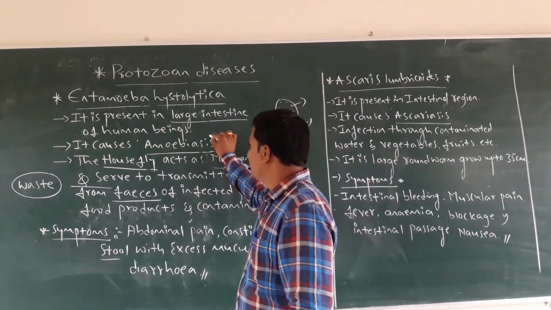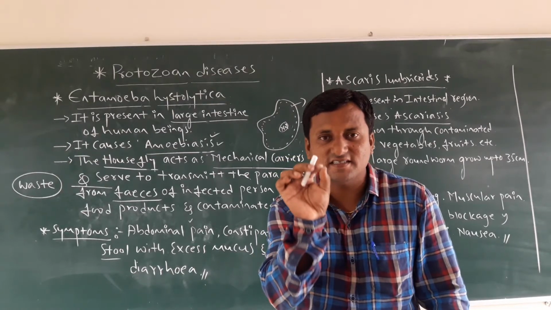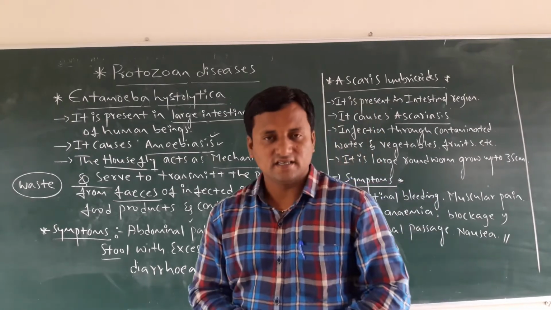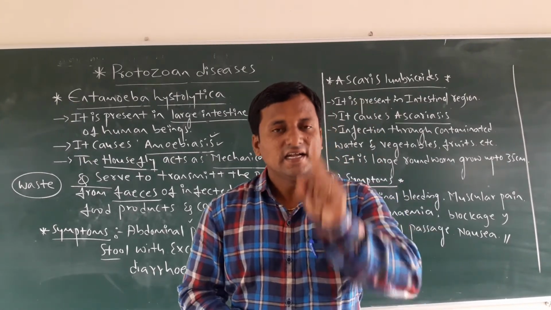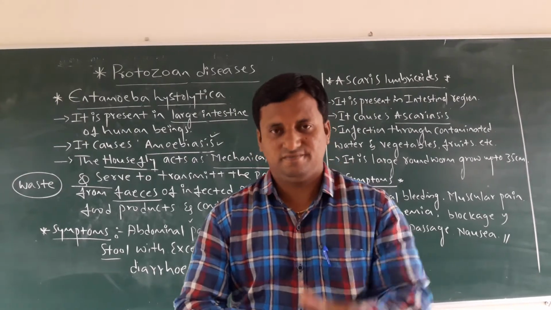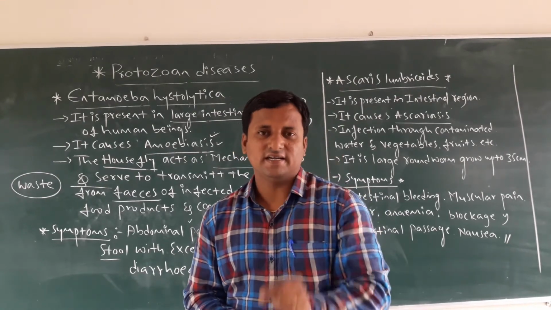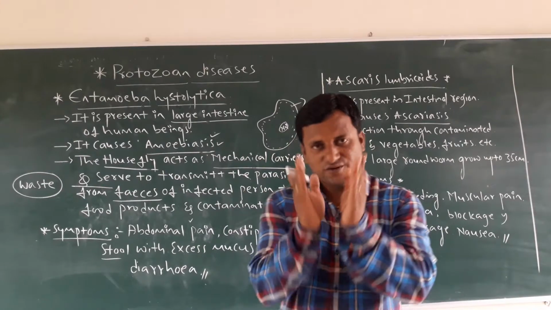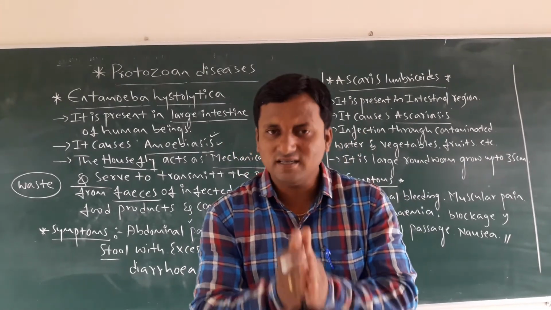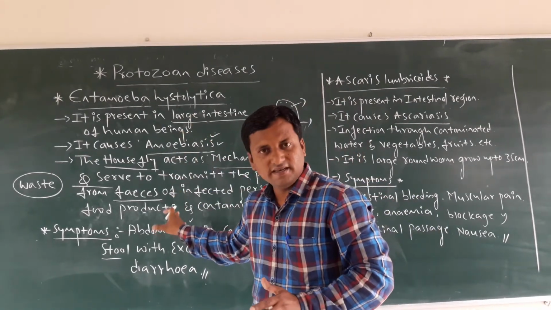It causes amoebiasis. Amoebiasis is the major disease caused by Entamoeba histolytica. In the examination, they will ask, name the disease caused by Entamoeba histolytica. If you write amoebiasis or amoebic dysentery, both are correct. So you get the points about Entamoeba histolytica.